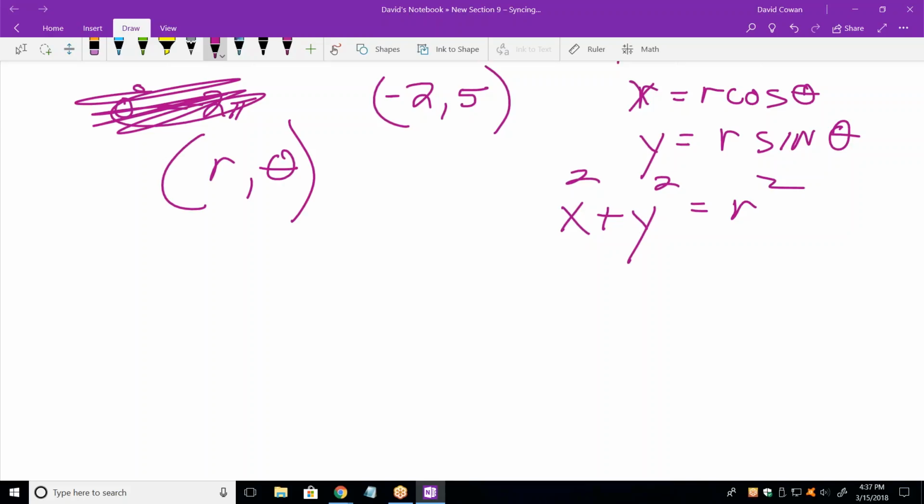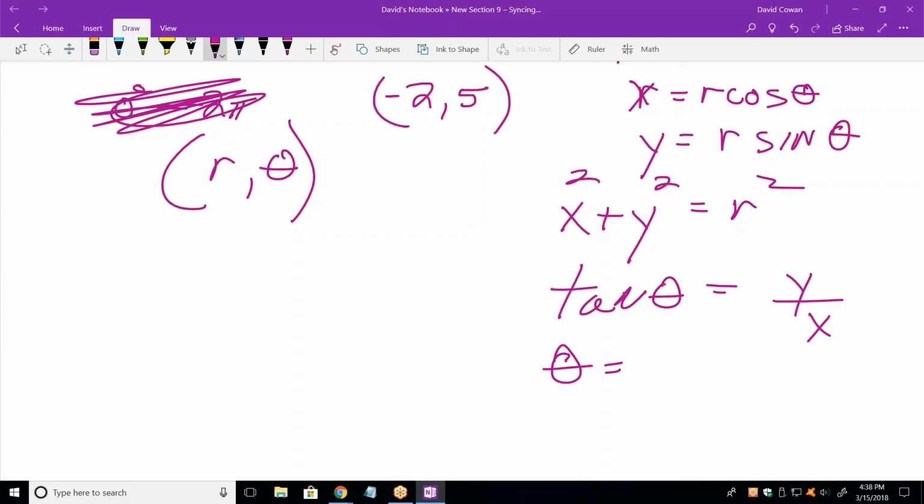Okay, so here's the other thing you need to know. The tangent of theta equals y over x. But here's the tricky part.